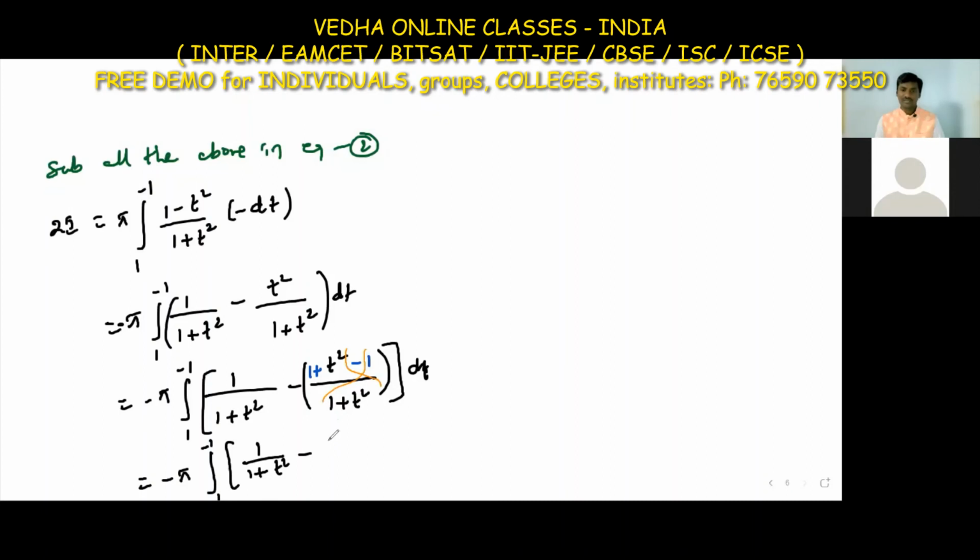So that means minus of (1 plus t square) divided by 1 plus t square. This minus I am multiplying inside, minus into minus plus 1 by 1 plus t square, and whole dt as it is I am writing.